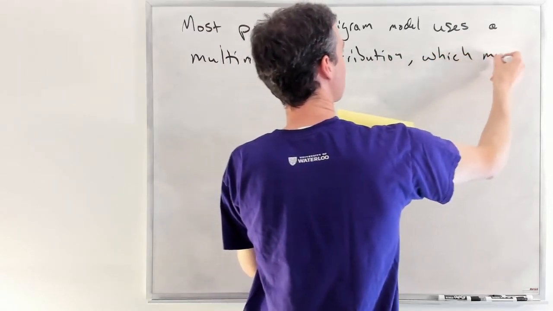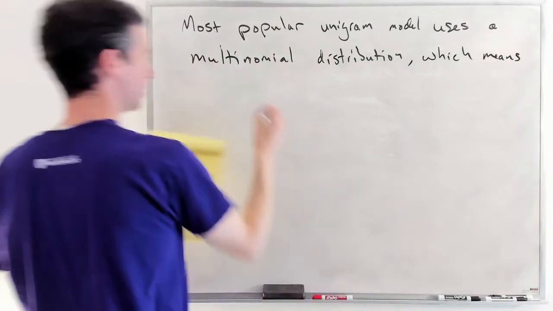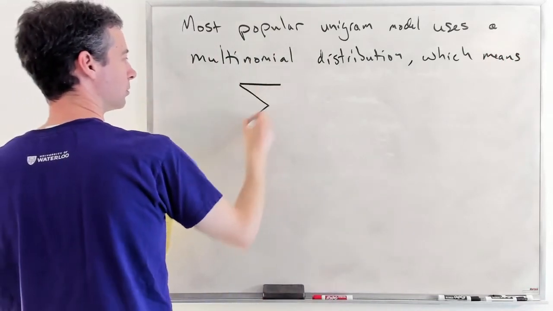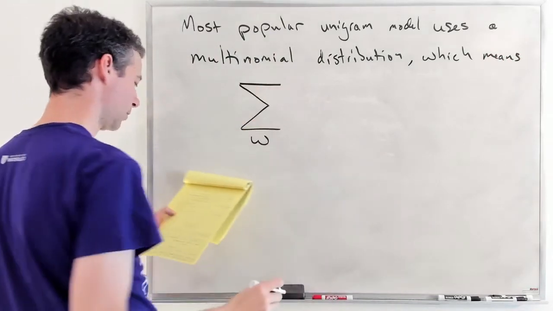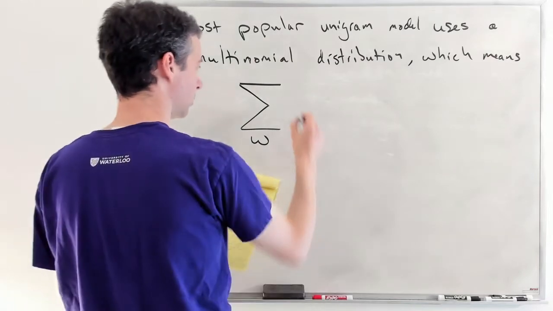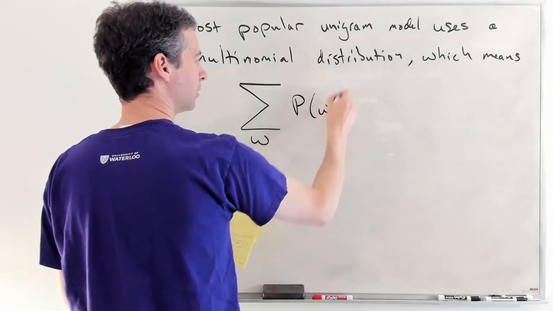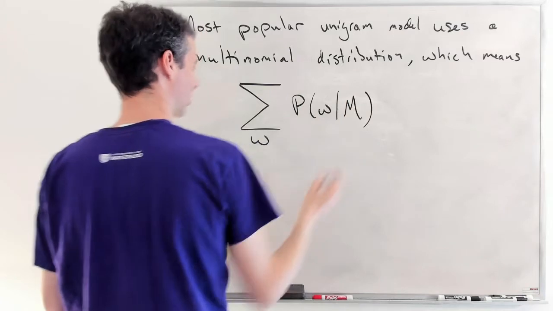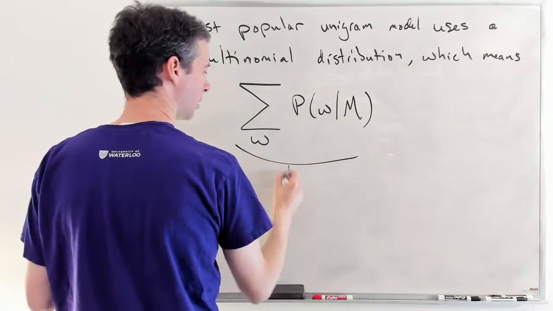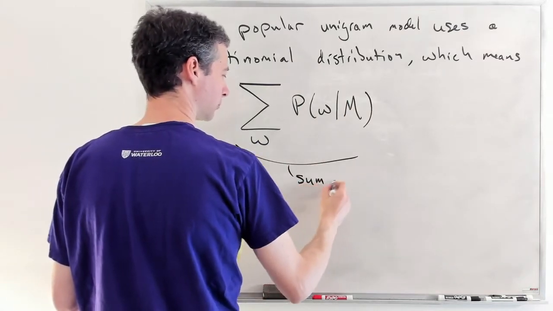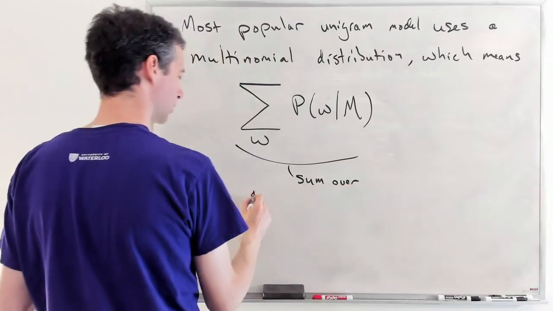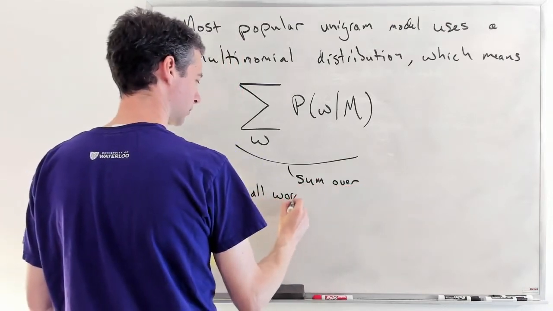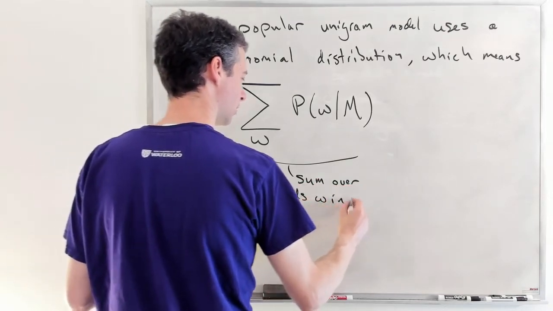which means that if we take a summation over all the words in the vocabulary that we would be modeling, okay, so we're going to have a sum over all words W in the vocabulary.